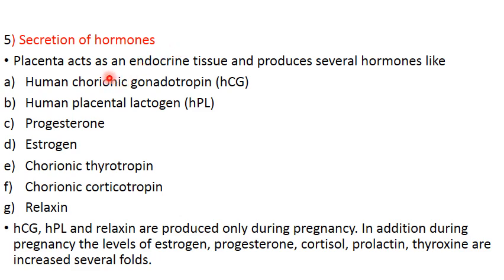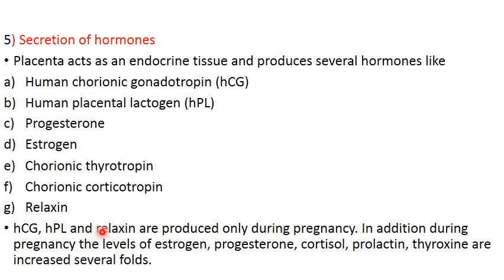So we said that the placenta acts as an endocrine tissue and produces several hormones like, number 1, which we have referred to before, human chorionic gonadotropin, in short form you write it as HCG. Second hormone is human placental lactogen, in short form you write HPL. Then you know about progesterone, then estrogen, chorionic thyrotropin, chorionic corticotropin, and relaxin.